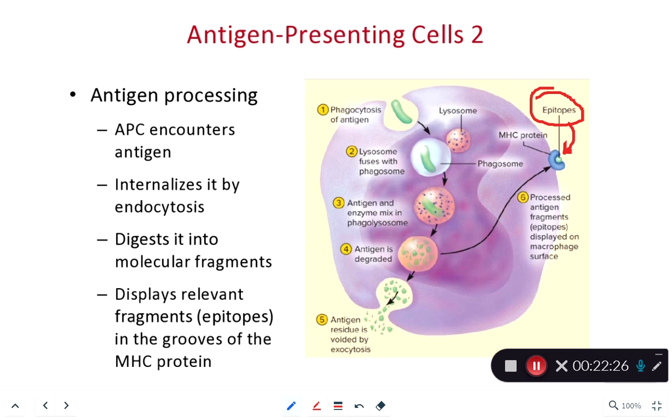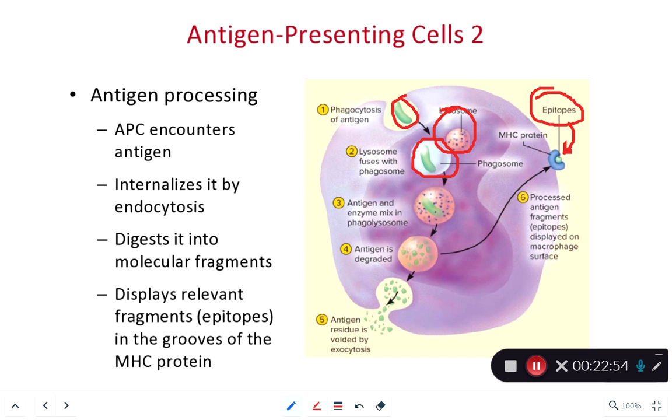Now, as we look at this process, this multi-step process involves initially taking our bacterium, phagocytizing it. It's wrapped up in a vesicle. That vesicle fuses with a lysosome and is renamed a phagolysosome. A phagolysosome is, practically speaking, a bacterium that's in the process of being digested by the enzymes within the lysosome.